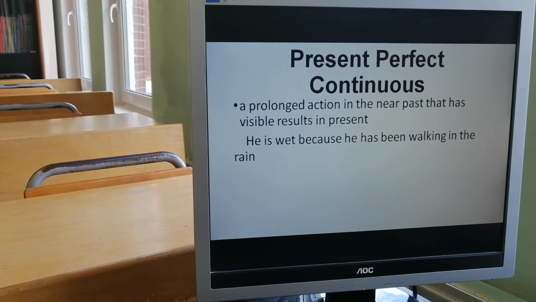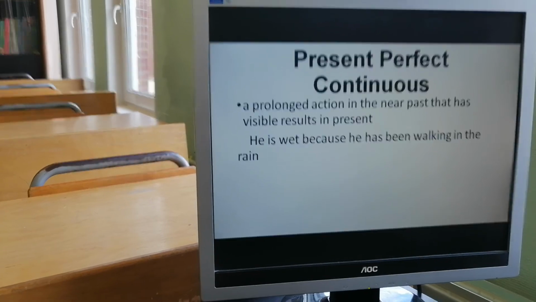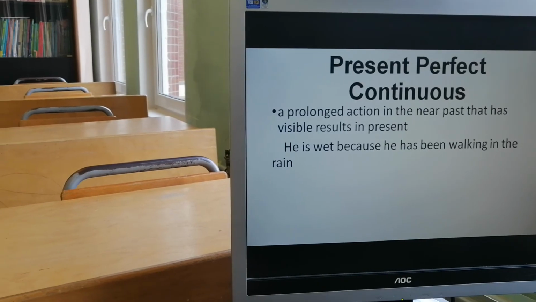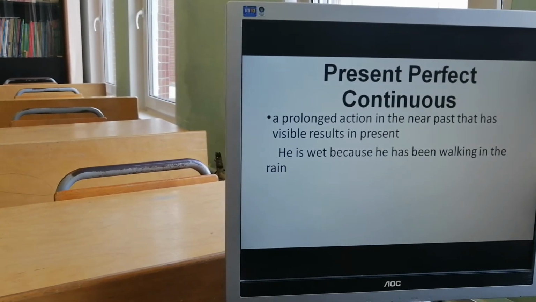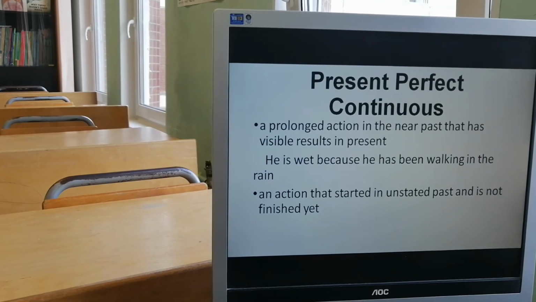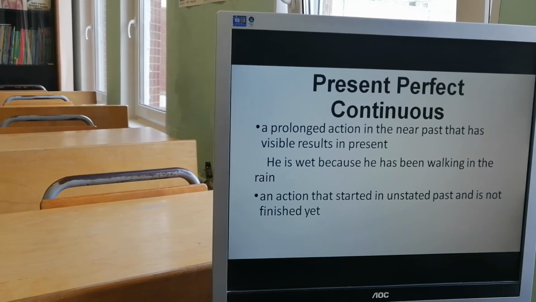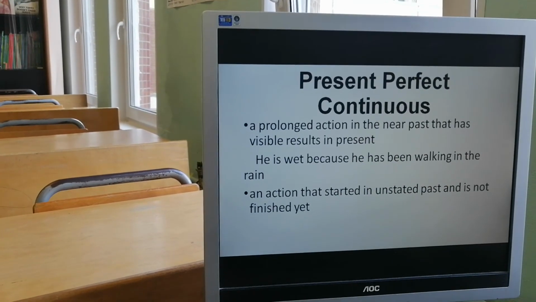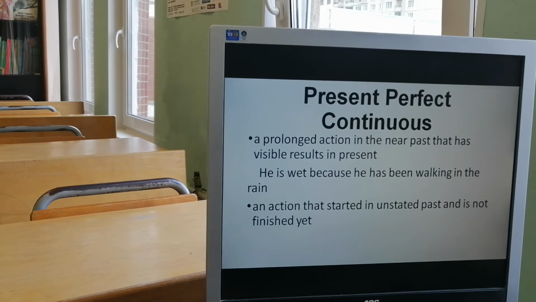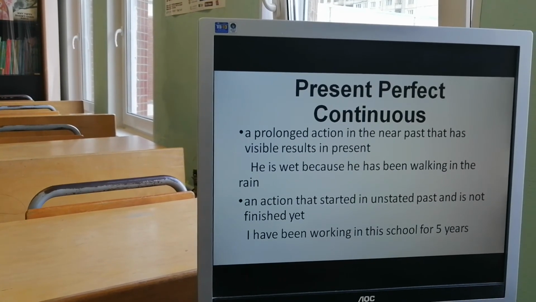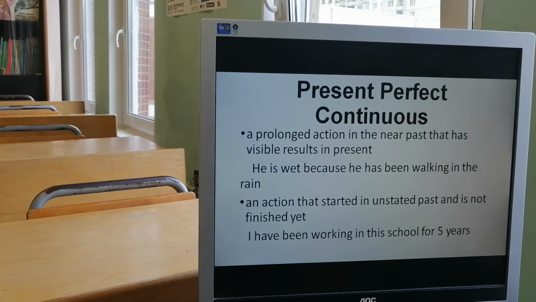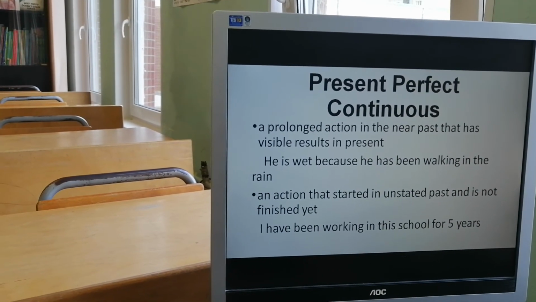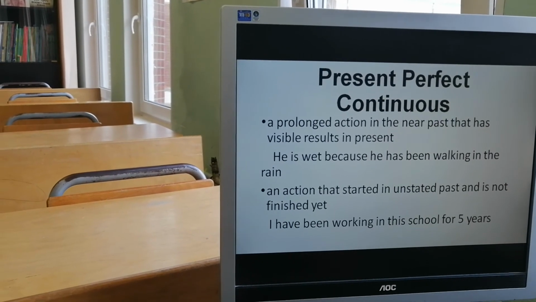Or my eyes are sore because I have been watching TV or using my computer for 3 hours. And the second case is an action that started in an unstated past and is not finished yet. It's very close to the second meaning of present perfect, right? I have been working in this school for 5 years, you can say. I have been living in St. Petersburg since I was born.